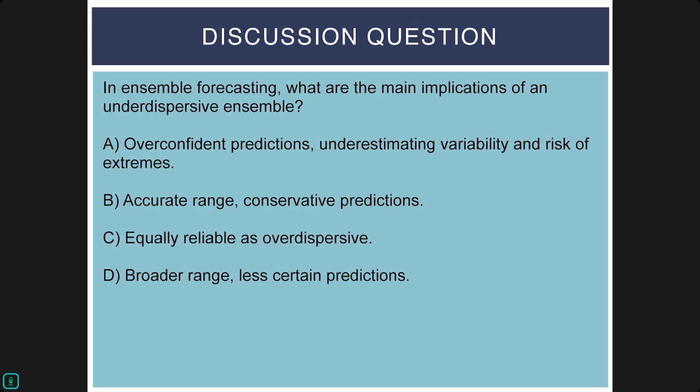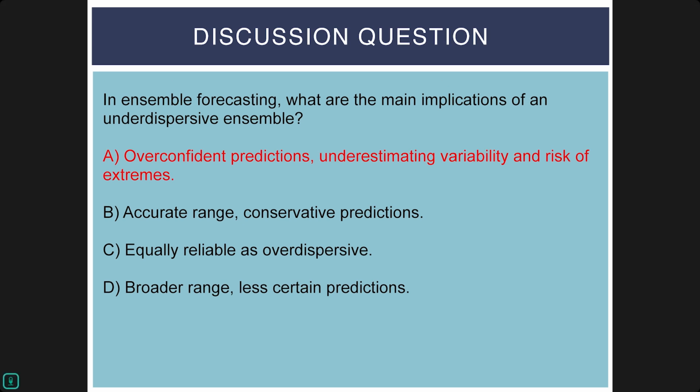A, this leads to overconfident predictions, underestimating variability and underestimating the risk of extremes. B, it gives an accurate range and conservative predictions. C, it is equally reliable as what is called over-dispersive. Over-dispersive is where the ensemble spreads out too much. Then D is broader range, less certain predictions.